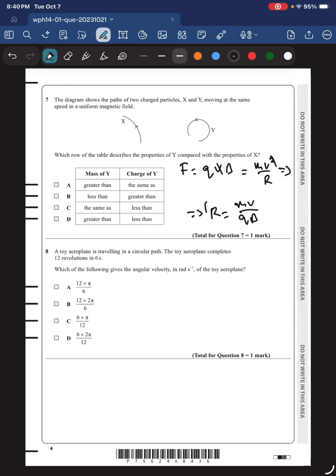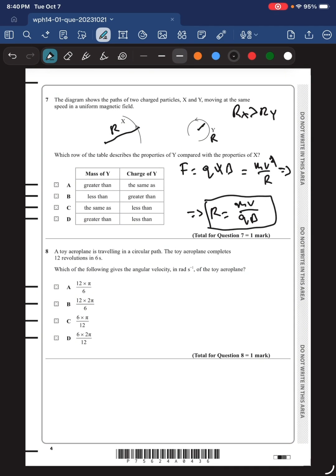Okay, so this is going to help because this radius is much smaller, whereas for this one the radius is something like this. So r_x is larger than r_y. This is going to help with a lot of the options here.